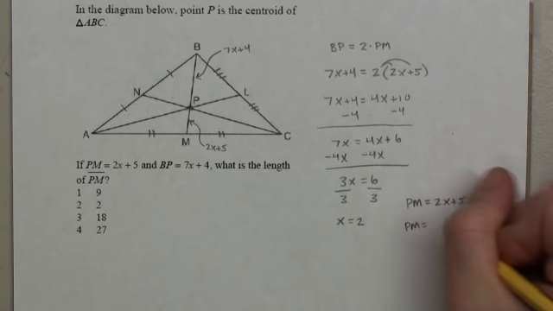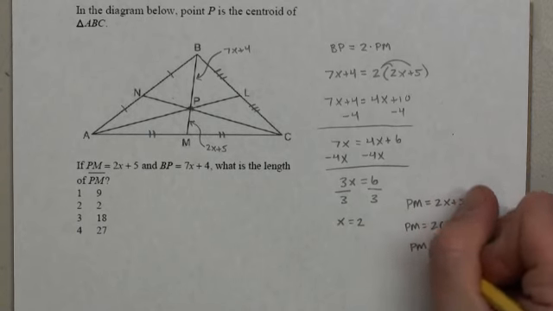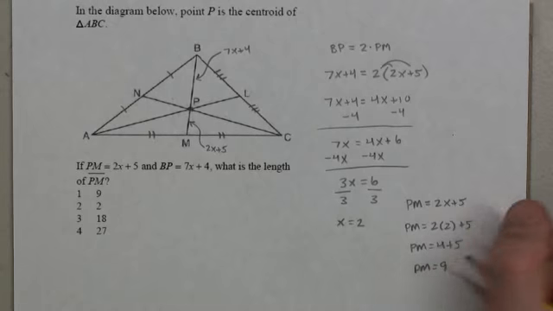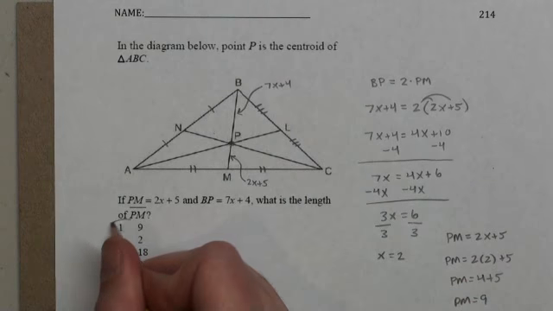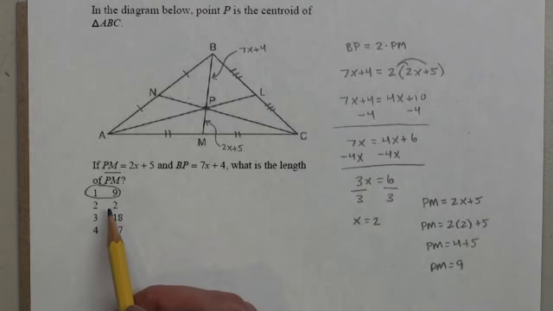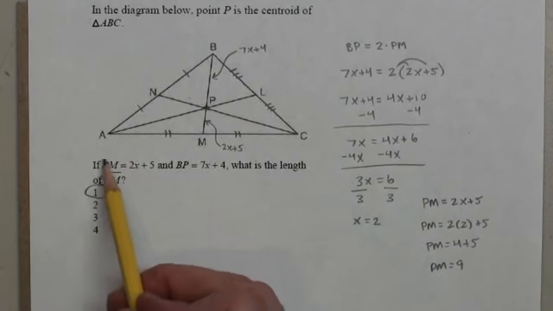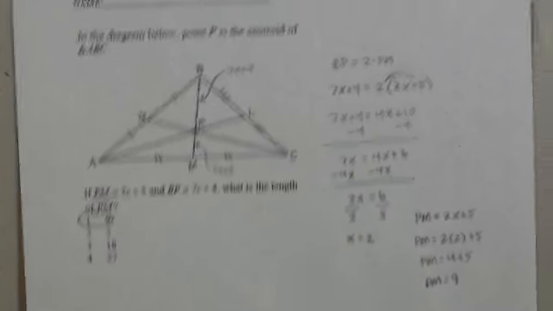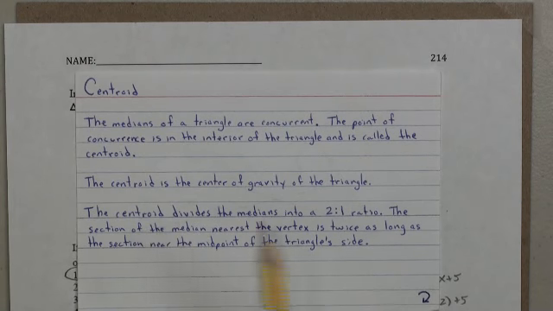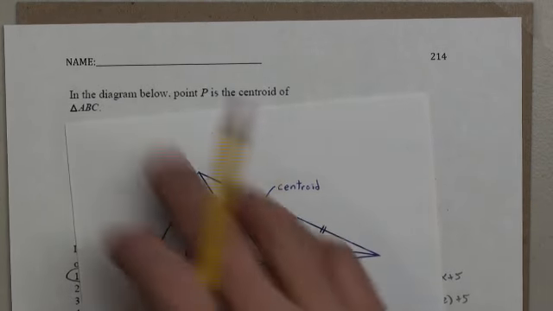So PM equals 2 times 2 plus 5. PM equals 4 plus 5. PM equals 9. So don't leave your answer as 2, which is of course one of the options, right? You have to plug it back in for what they're asking you for. They're asking you for PM, which is 2x plus 5. Again, this had to do with the centroid fact, that it divides it into a ratio of 2 to 1, just like this picture.